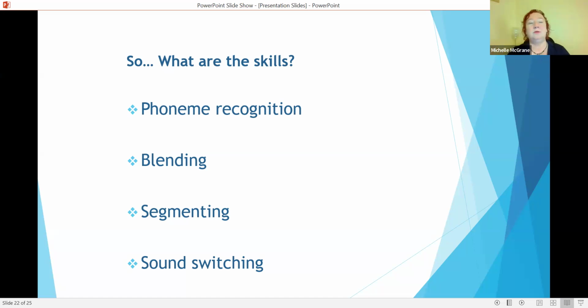So, it can carry both sounds. And so we were looking at different words, and what the learner had to do was try both sounds. So they had to go table, table. And then we talked about, does either of those sound like a word that you know? Okay. And we tried to apply meaning by decoding the various options that were available with the sounds. And that's sound switching.